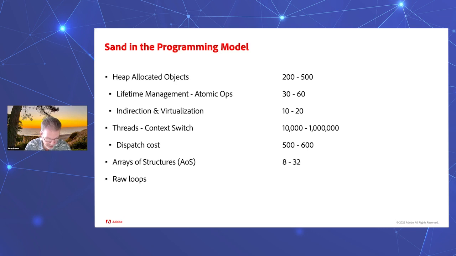Raw loops. This is the notion of our languages making it too easy to just drop in a while loop or a for loop, as opposed to having an algorithm that can be parallelized either with SIMD instructions or onto a GPU. We lose a lot of potential performance to people hand coding loops.